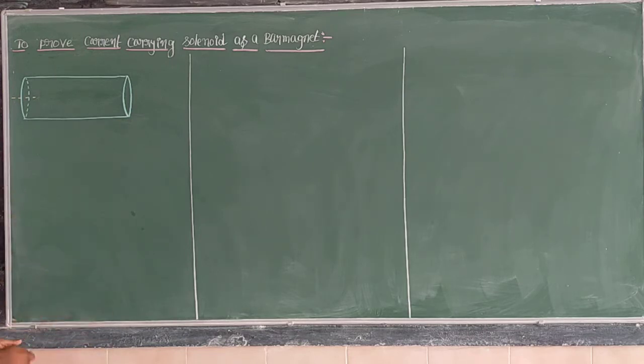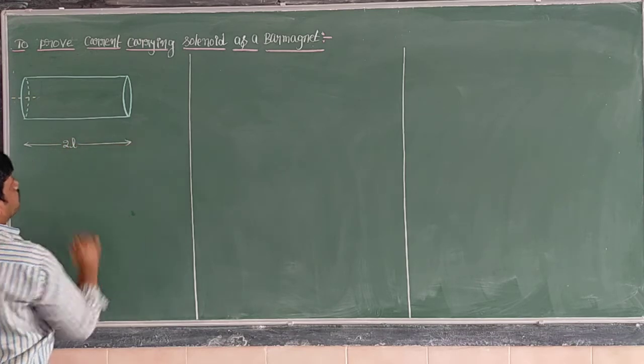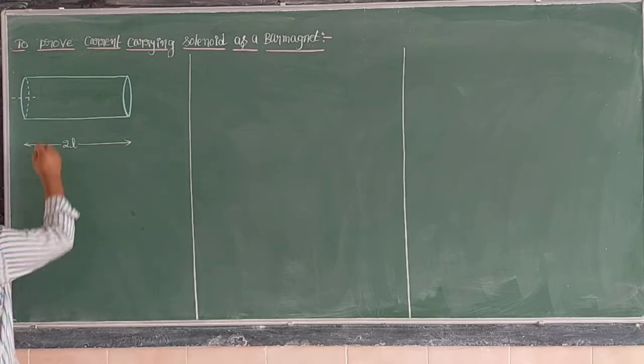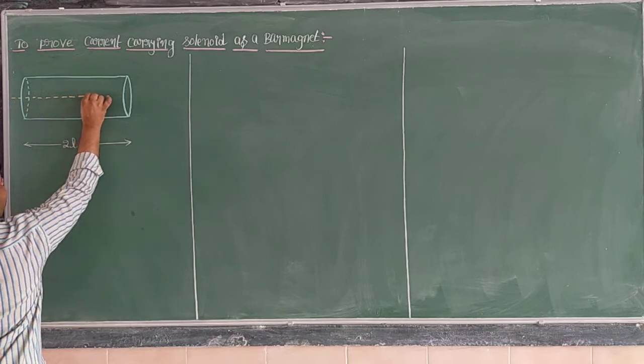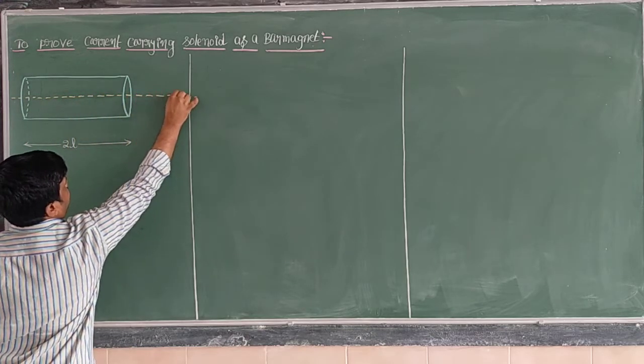To prove this, I am going to take one solenoid. The length of the solenoid is 2L. This dotted line which I am drawing is the axis of the solenoid.